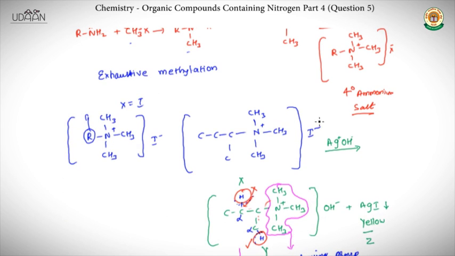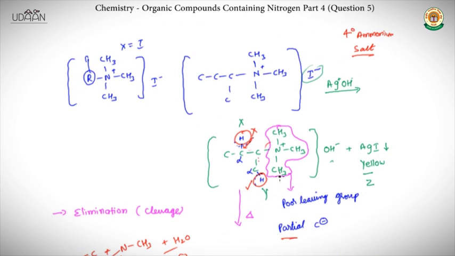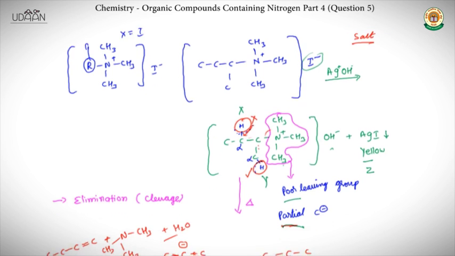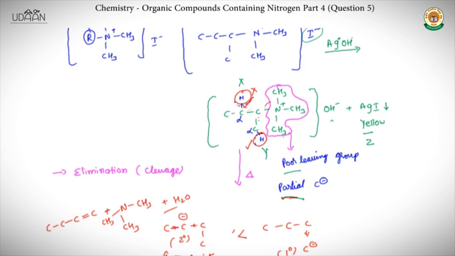So replacement of this I minus with OH takes place, so you are going to get this one. The next important thing is this group is a poor leaving group, and next you are going to get a partial carbanion character. And the importance of high temperature here shows you that you are going to get the elimination product.